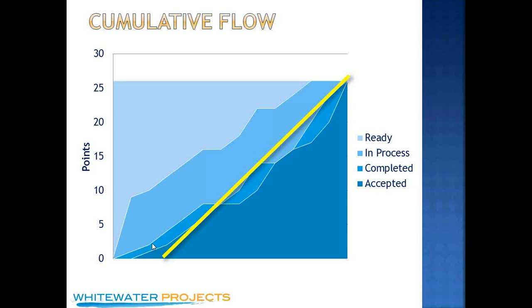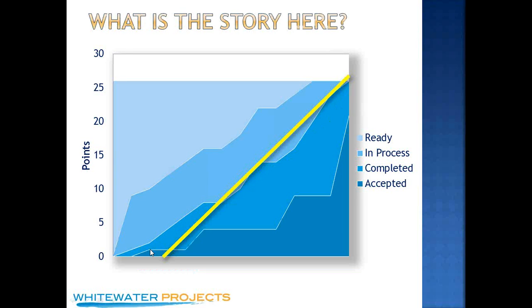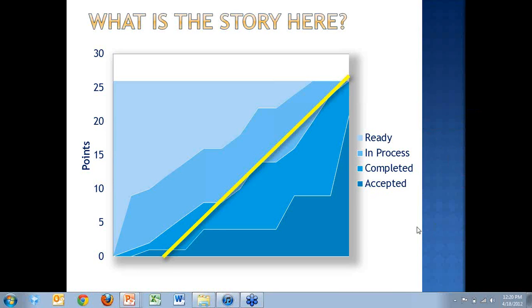This is what I'd like to see, this pattern that you can see here, where the work in process we're talking about right here is okay. There's not too much work in process. The completed work right here is cruising along, and there's the smallest gap between completed and accepted.